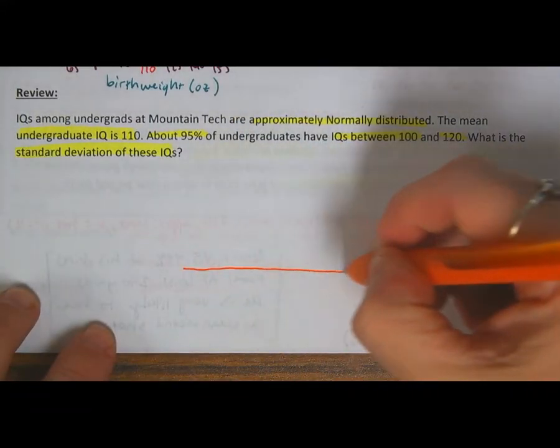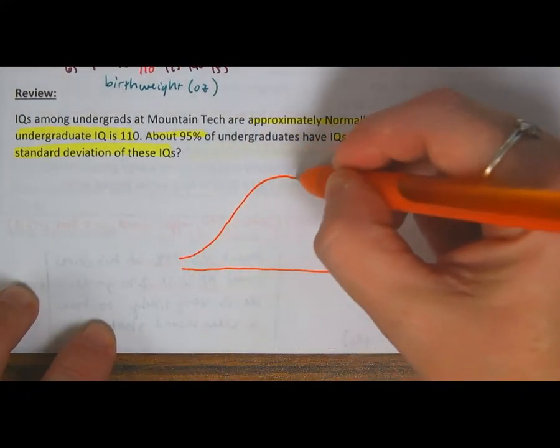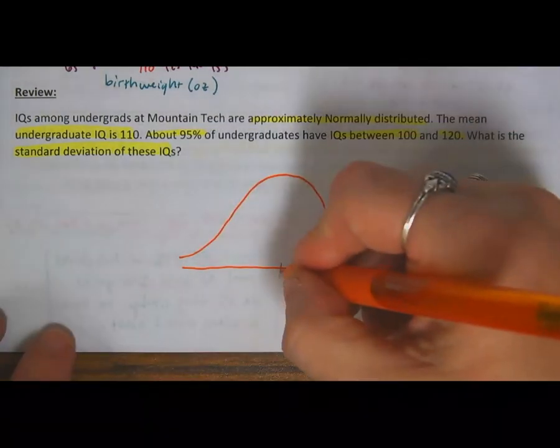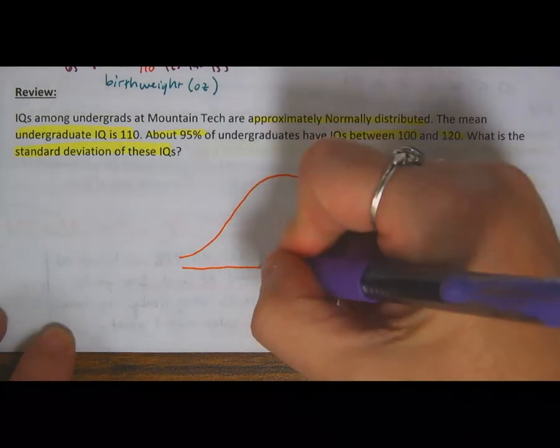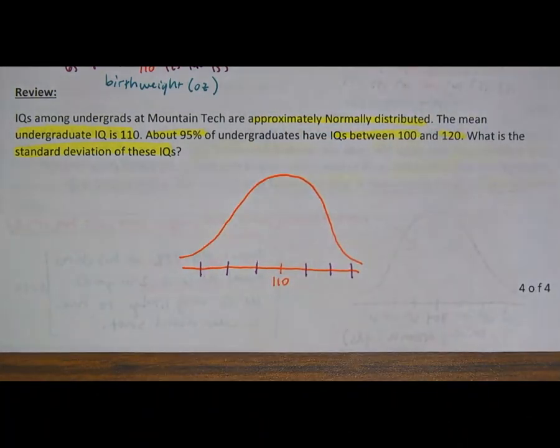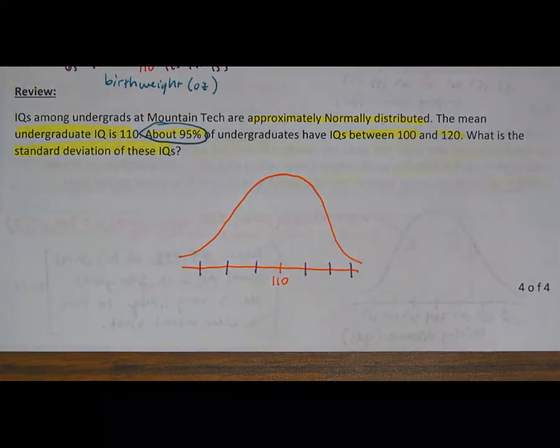So let's draw what we know. The average IQ for undergrads at this college is 110. But I can't label anything else because I don't know the standard deviation. But here's what I do know. 95% have IQs between 100 and 120. That's a number out of the empirical rule.